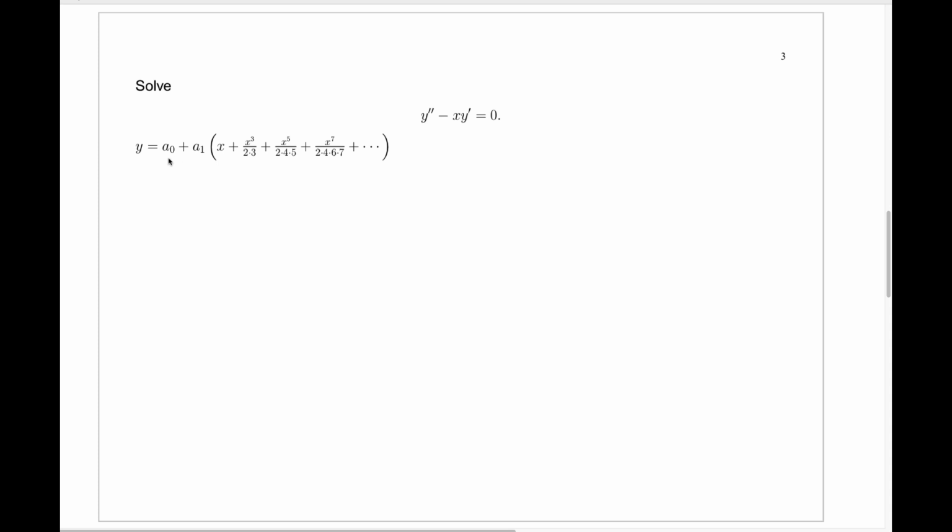So I've written that here. Remember, this is a0 times y1 of x. y1 of x is just a constant function, 1, plus a1 times y2 of x, where y2 of x is this thing here. Now, here's the question. In general, you might not be able to do anything with that power series. You just have to live with the fact that there's a power series for your solution.